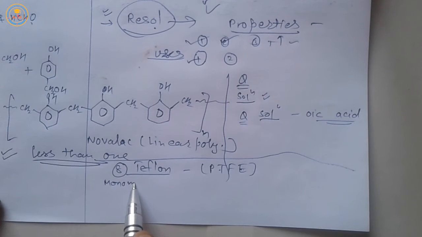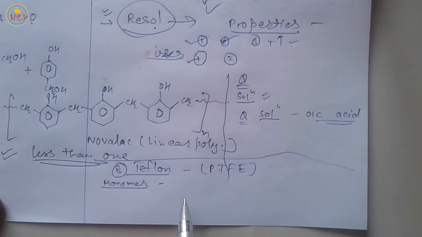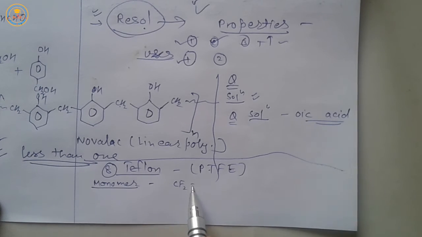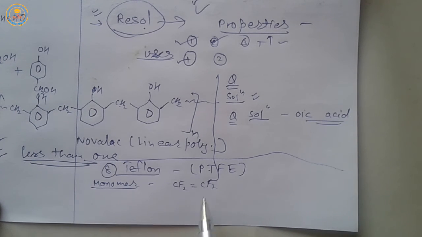First of all, we read its monomer. The monomer of Teflon is tetrafluoroethylene or tetrafluoroethene. Method of polymerization.